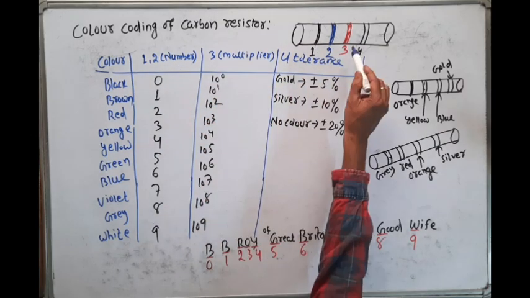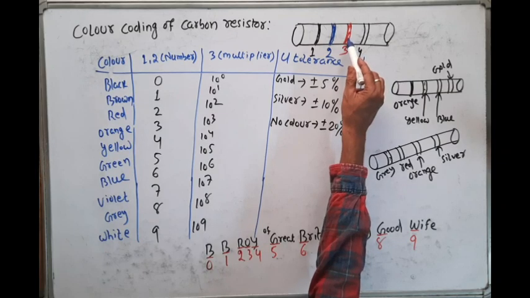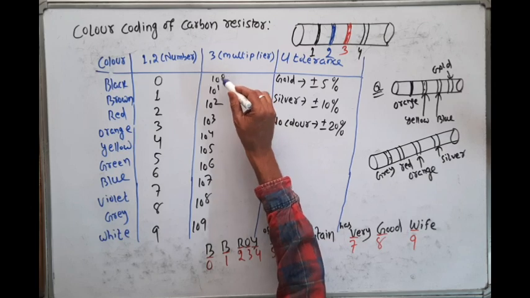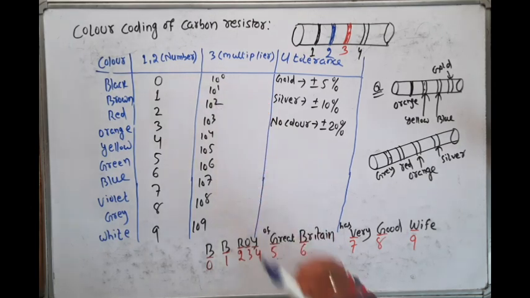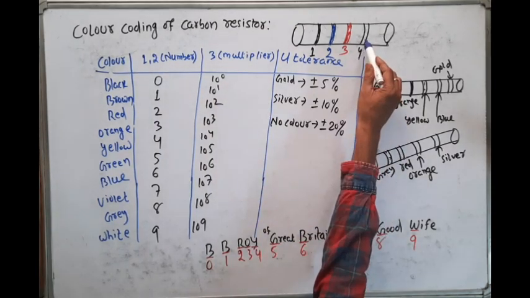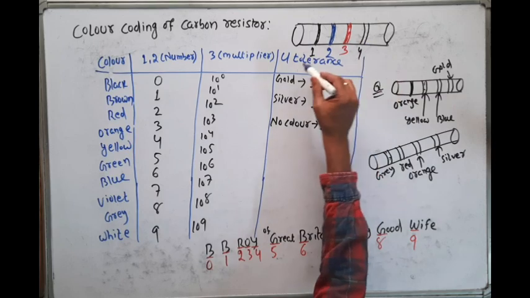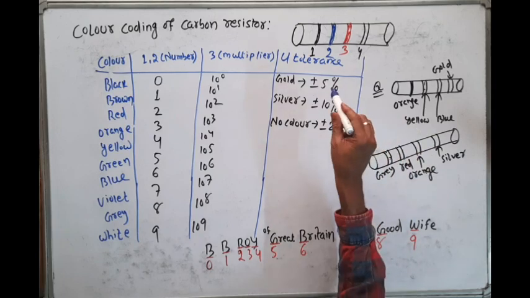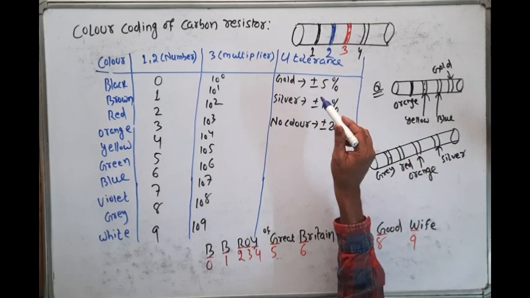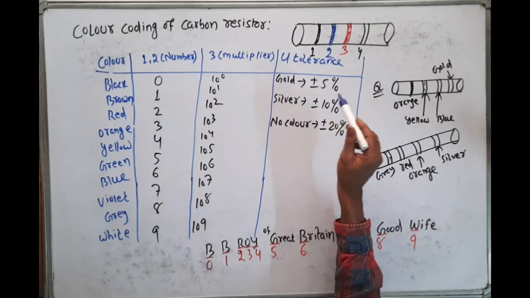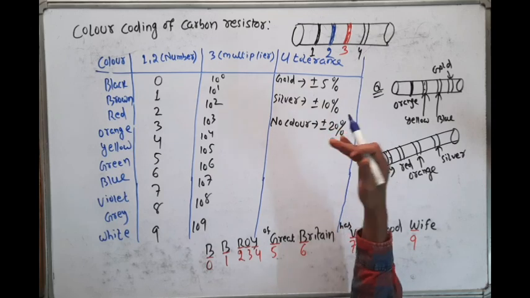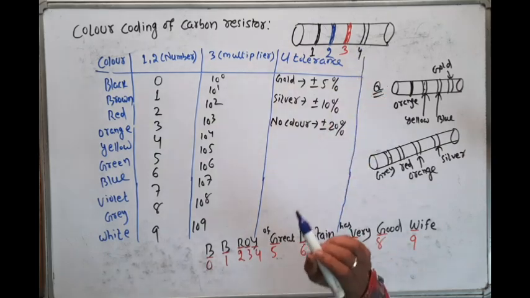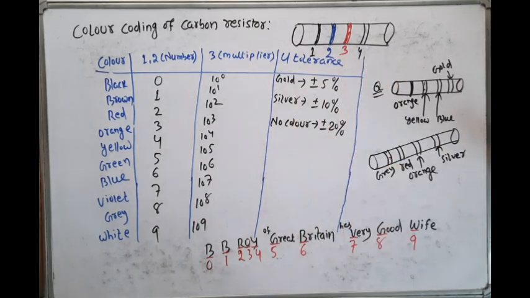The third band represents the multiplier, 10 to the power 0, or 10 to the power 1, or 10 to the power 2, like that. And the fourth band color gives the tolerance value, that is, within what range the resistance will remain. So that is the fourth band.